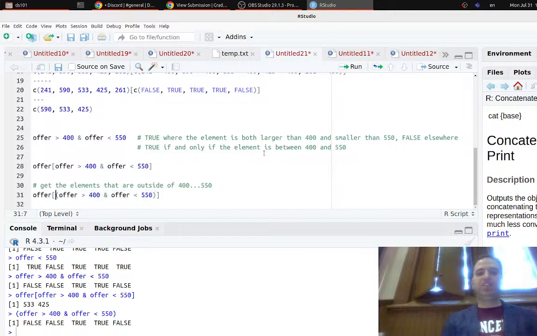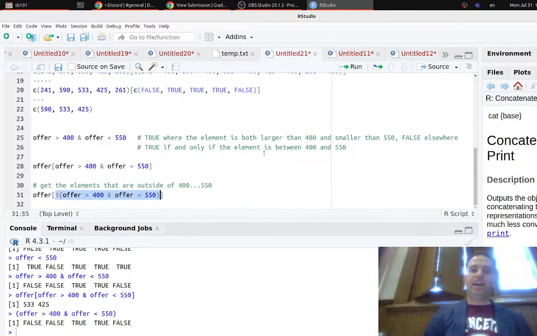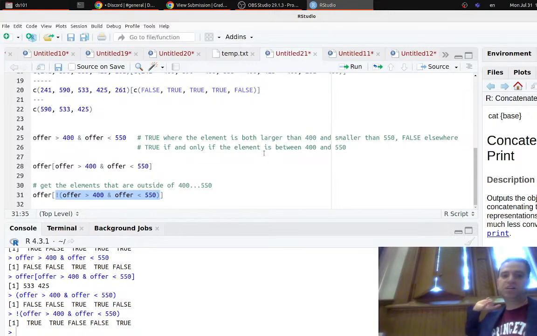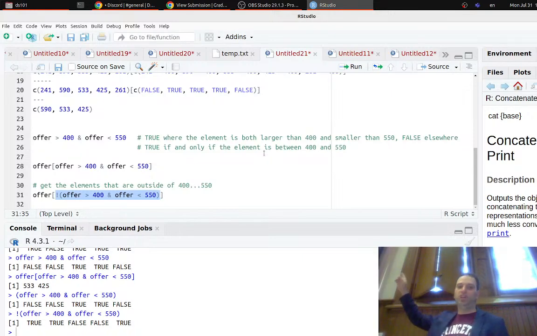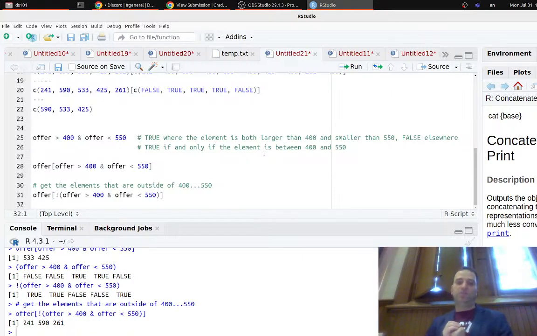And then I'll just say not that. So not, the exclamation point, inverts true into false and false into true. So this would be, again, a bunch of trues and falses, except the trues correspond to, it's not the case that it's between 400 and 550. Okay? So that would be like that.